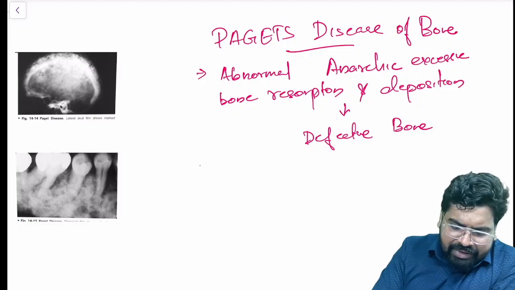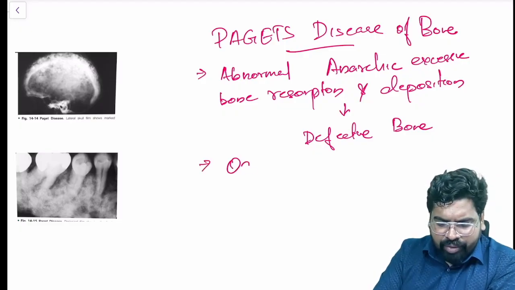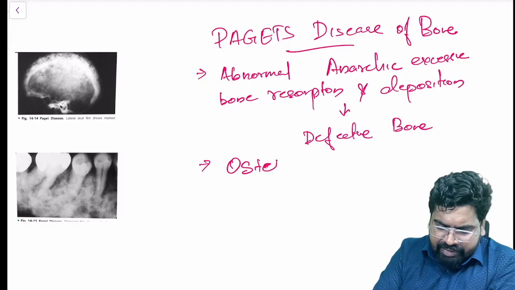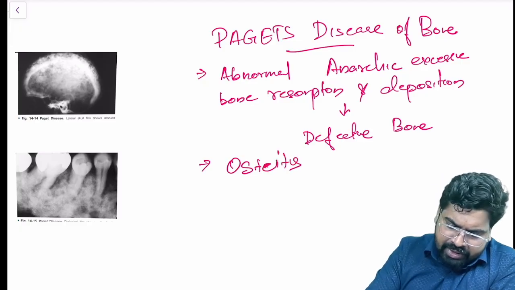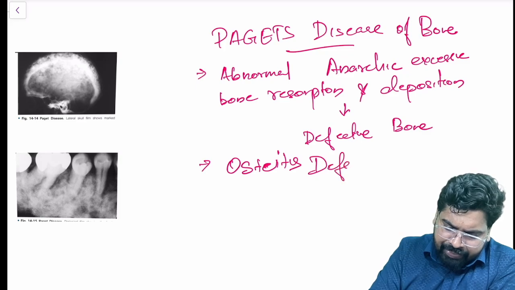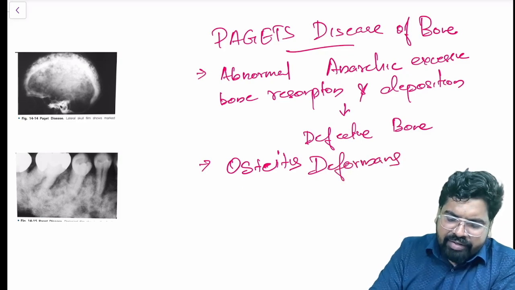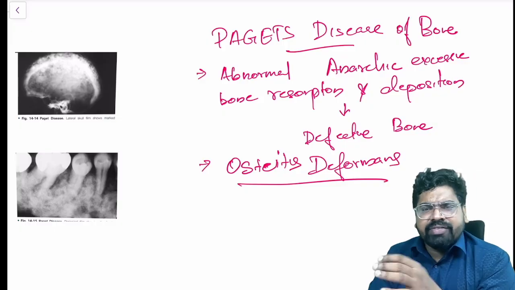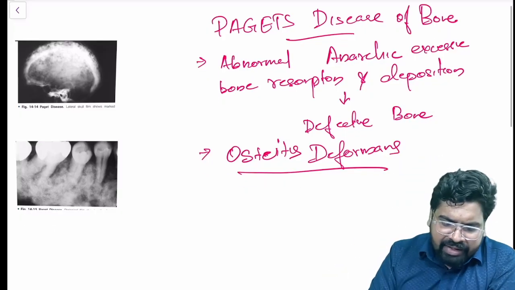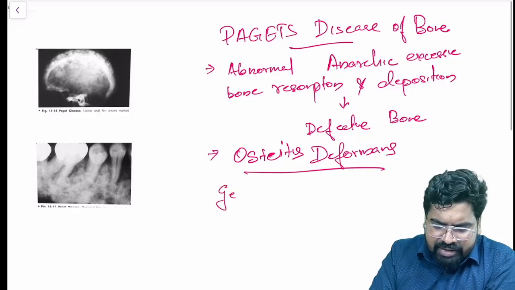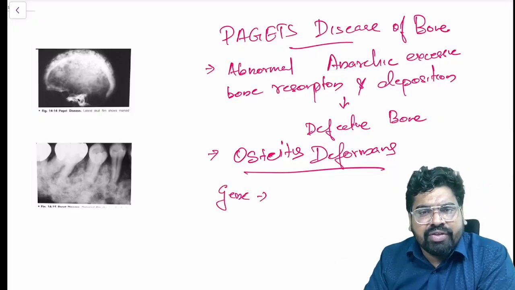The other name for Paget's disease is osteitis deformans. Osteitis means something related to bone, and deformans means a deformative bone. And there is a gene which is supposed to be responsible for this.